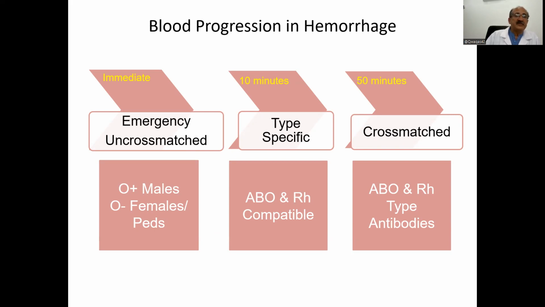If it is immediate, uncross-matched blood is required; males need only O positive blood, but we have the restriction in females of childbearing age and the pediatric group, who get O negative. If it is required 10 minutes later, it should be type specific. And after that, at more than 50 minutes, we definitely need cross-matched blood with ABO and Rh type antibodies.